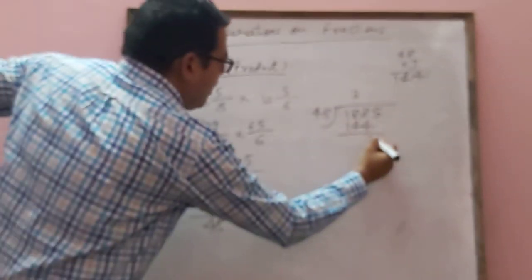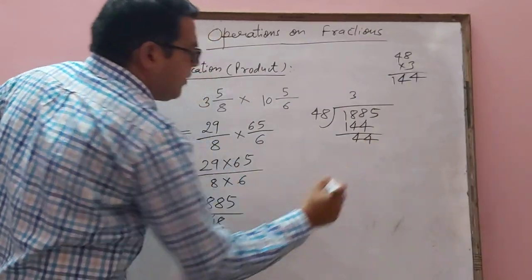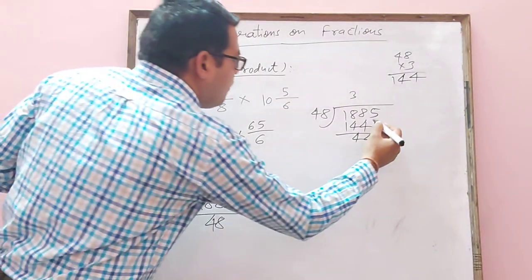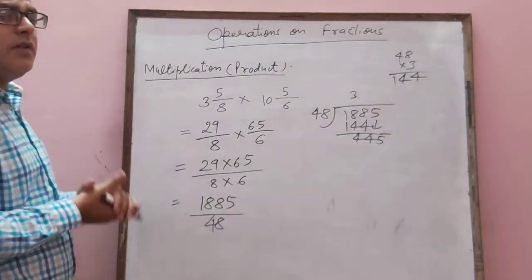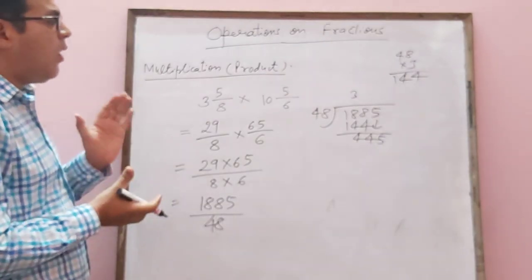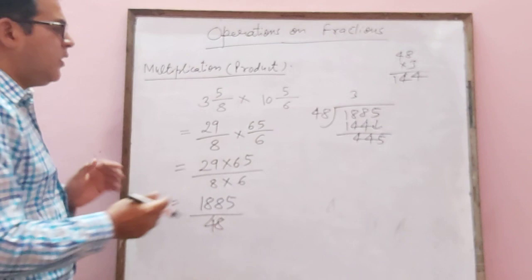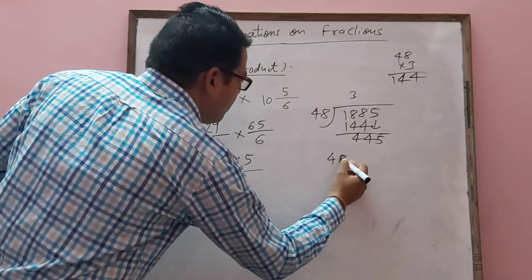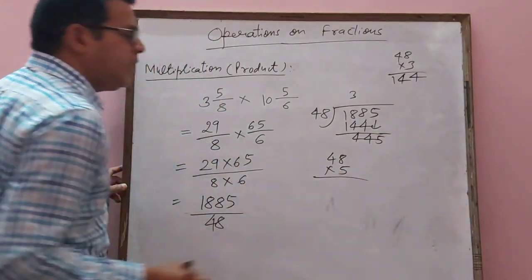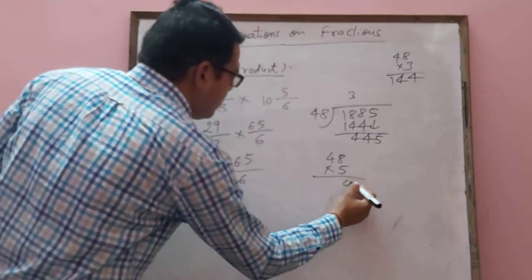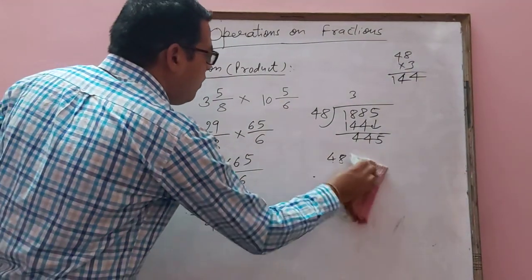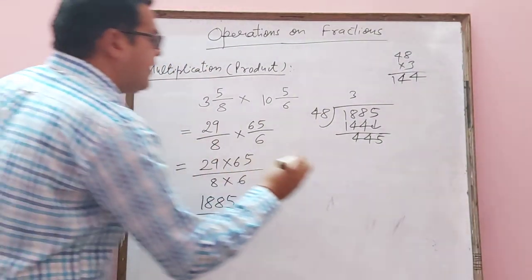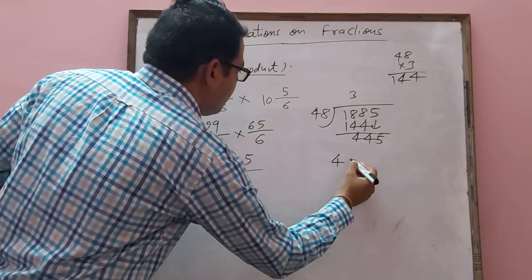What will come here now? 4 and 4 after subtraction, right? Now 5 you have to place here, right? Hope you understand. Now how many times? Try for 5 times. Multiply first this 48 by 5. No, it is too small. So let's try for 8 times. Right?